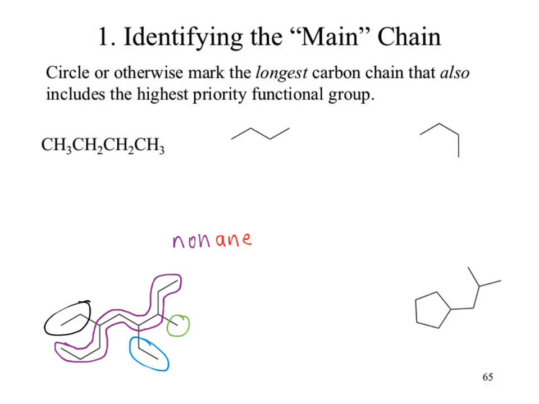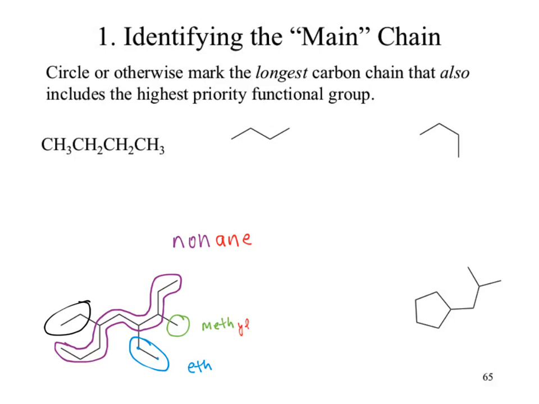I got 3 pieces hanging outside of that main chain. I want to go through and name them. Green one. How many carbons? 1 carbon, which means meth. Because it is a substituent, I get methyl. Blue one. 2 carbons, so I get eth.